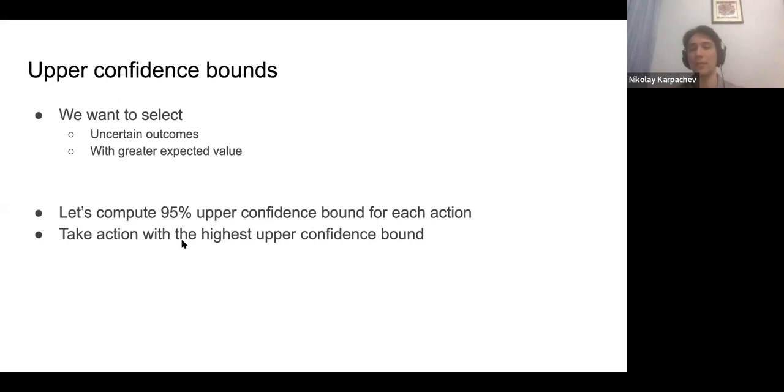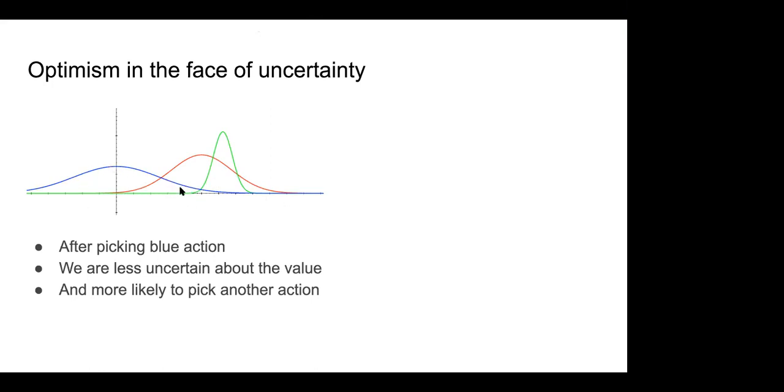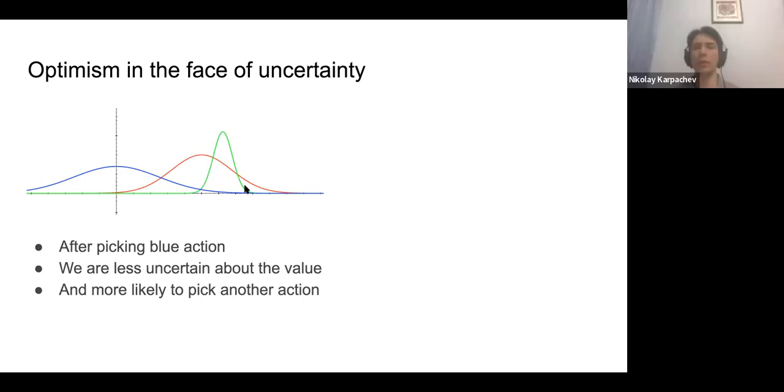So in this example, the upper bounds can be the following. For the blue action, it will be somewhere here, like 4. For the green one, it will be around here. And for the red one, it will be around here.